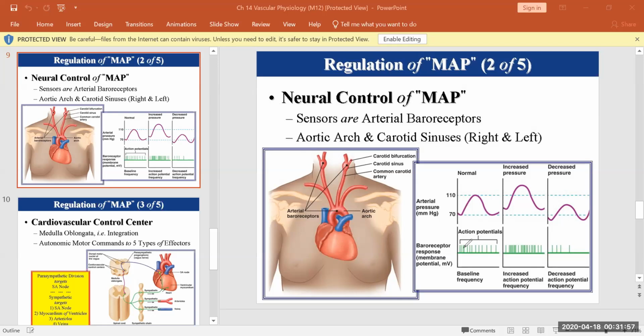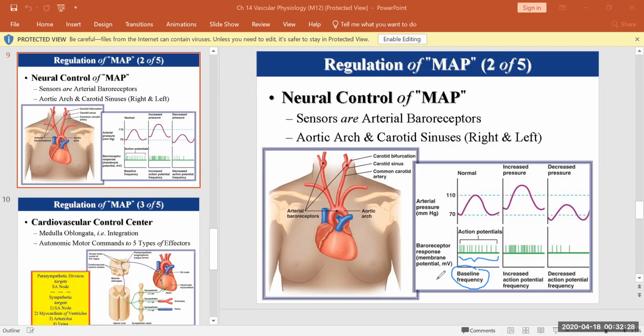It receives a defined number of action potentials per unit time. This is the baseline frequency, okay? Under normal homeostatic conditions, this is how many action potentials per unit time are fired toward the cardiac center in the medulla.